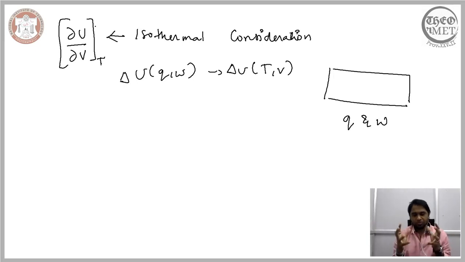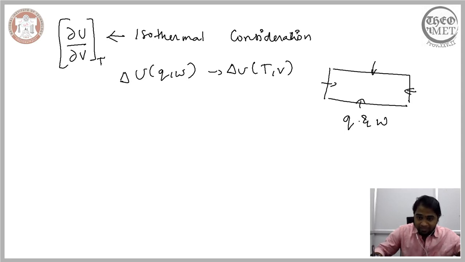Suppose we assume a case wherein you are feeding in heat and the work is done by the system. This is positive individually, and this is also positive individually. So individually, the heat is fed into the system and the work is done by the system.